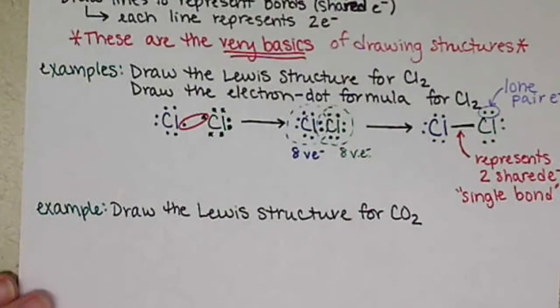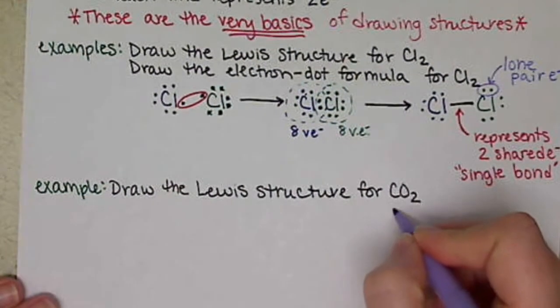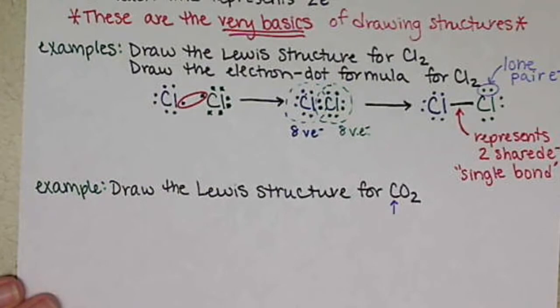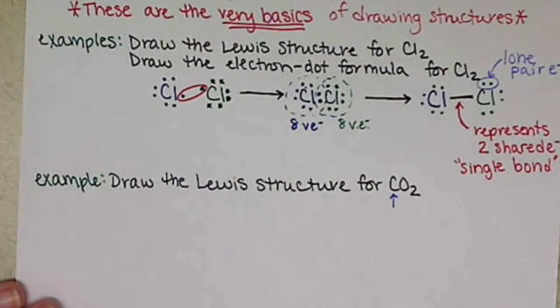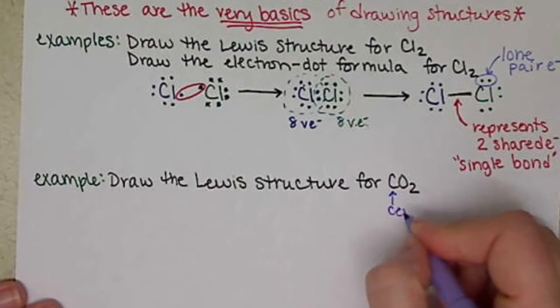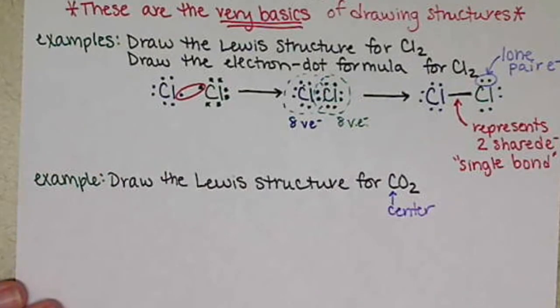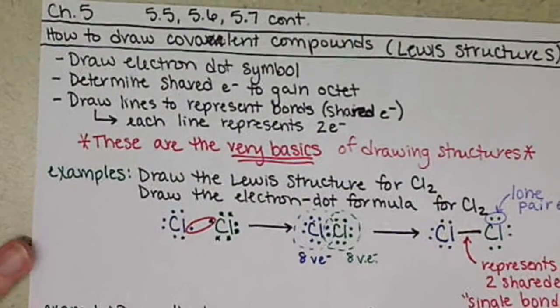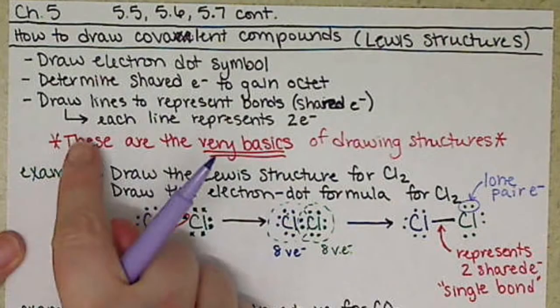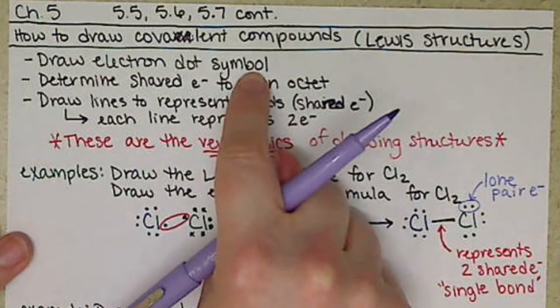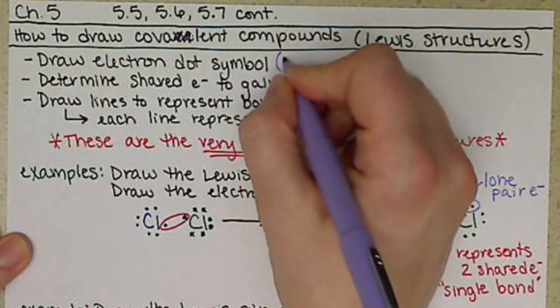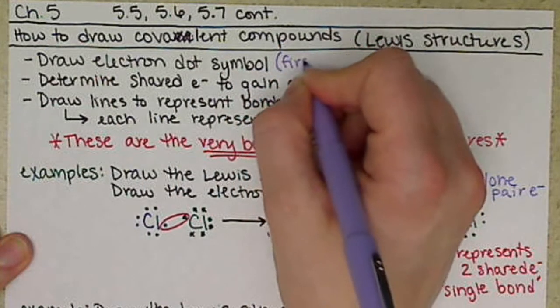So what we want to do is use the first atom that's listed in the formula and put that in the center. Then we're going to put the other atoms around that center one. As a clarification to our rules up here, we want to draw the electron dot symbol, and we're going to put the first element in the formula in the center.